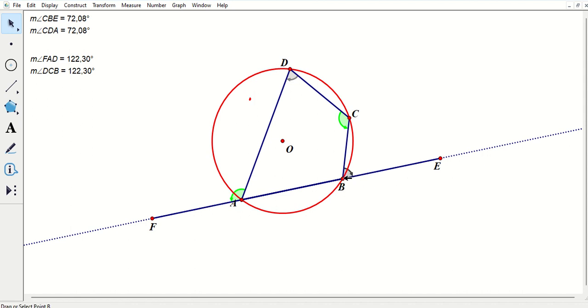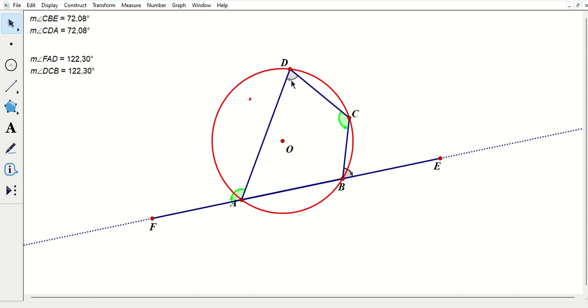Same thing, we produced AB to E such that it formed the angle here, and then we measured it and we found that it is equal to the interior opposite angle.